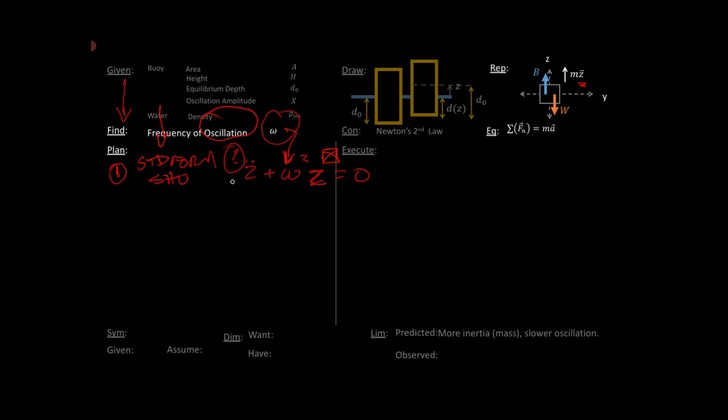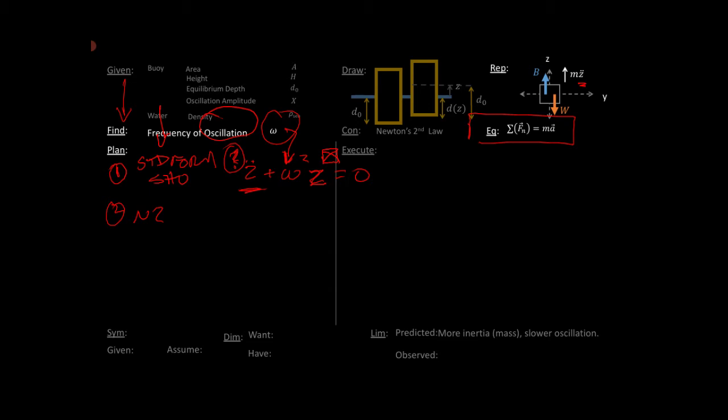All right, so we've done that. We only have one question mark. There's only one thing we don't know now, which is this z double dot. We already said that that also shows up in Newton's second law. So let's use Newton's second law as our next concept.